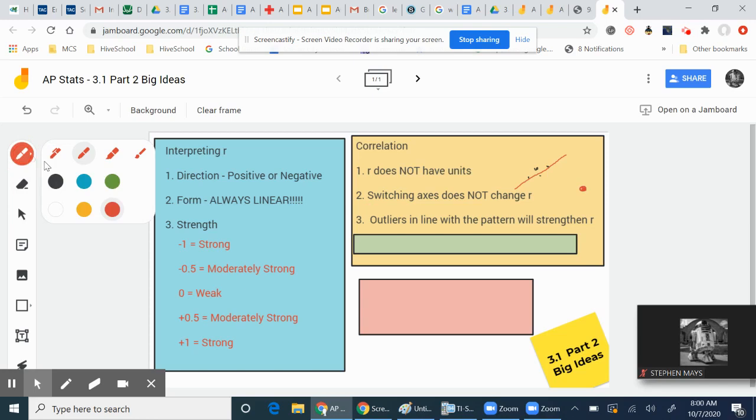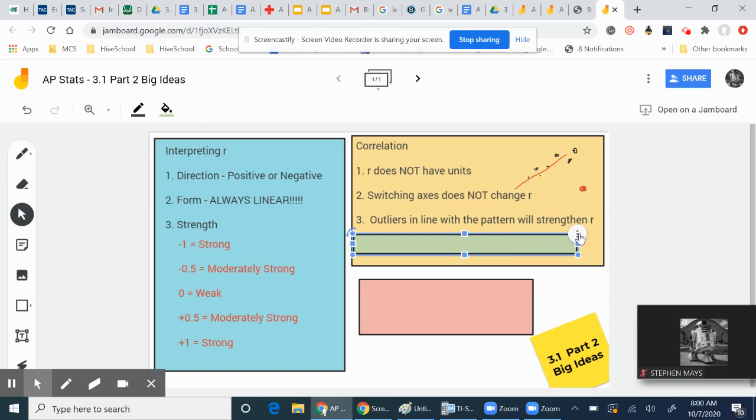If these black dots are the majority of our data, and the relationship is pretty linear, but we've got this one point over here, that is an outlier, but that outlier is not in the pattern. Therefore, that outlier is outside the pattern, and it will weaken r. It will make r, the correlation, a weaker value. So keep that in mind as you are talking about correlation.